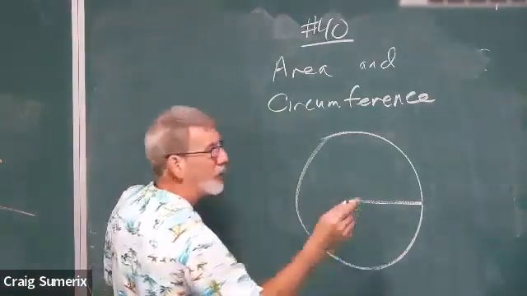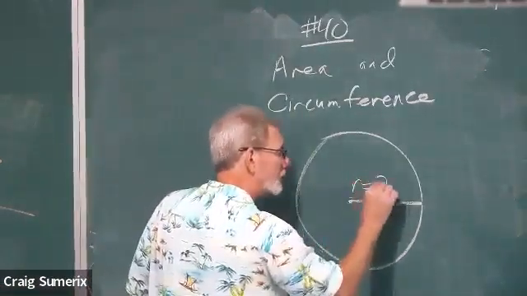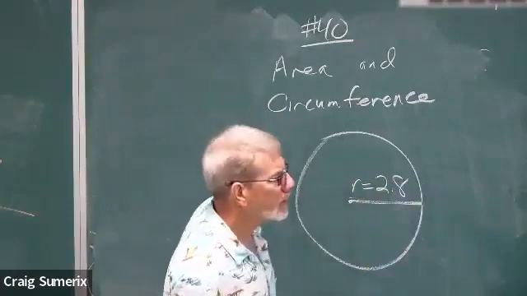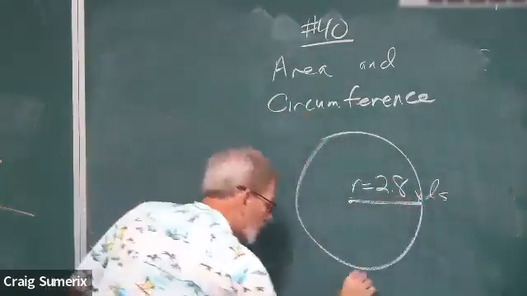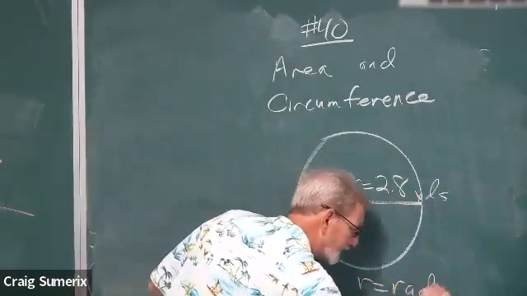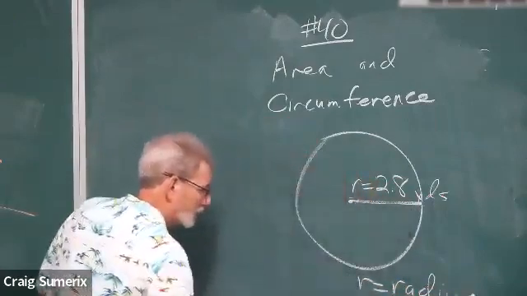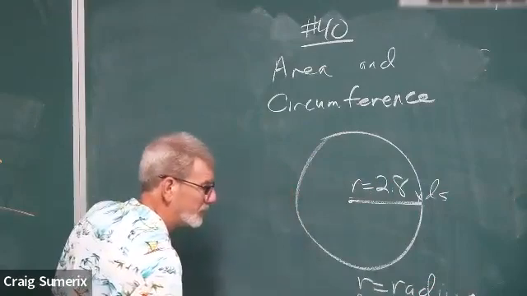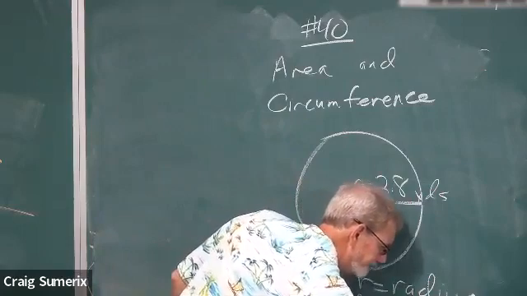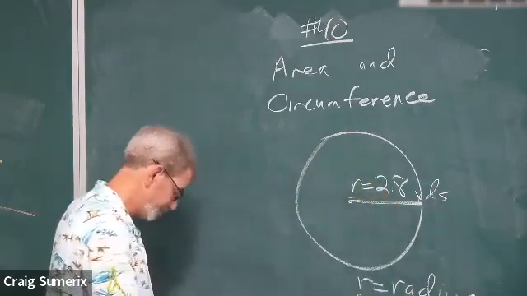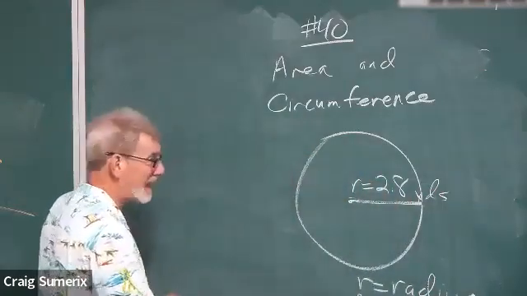So what is this R equals business? Radius, 2.8 yards. Yeah, the R means radius. With a circle, D means diameter. What's the difference? Radius is halfway across.